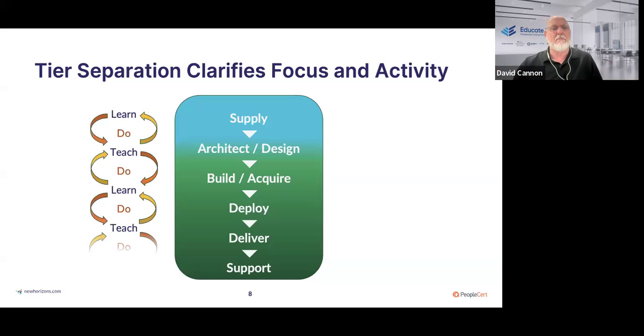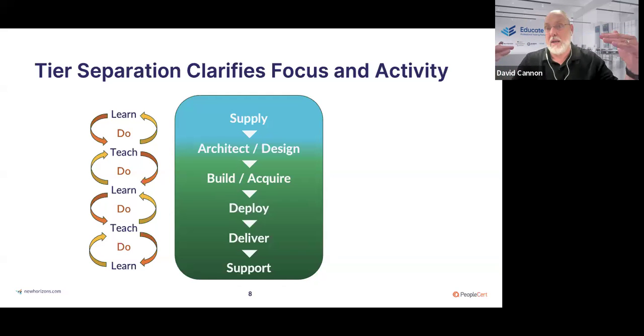And the way we fix it is by building iterative education cycles through this entire virtual life cycle. These cycles are very simple: learn, do, make sure that what you've learned is working, and then teach. And we repeat that all the way through. You notice there's more than just tier one, two, and three here. This happens no matter how many teams you have. You may have two tier two teams.